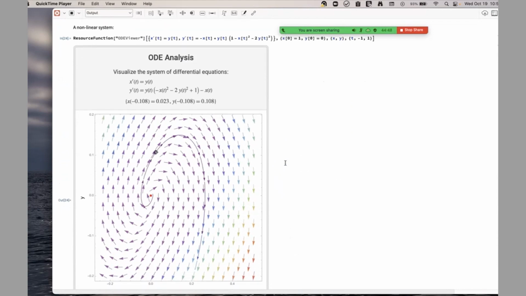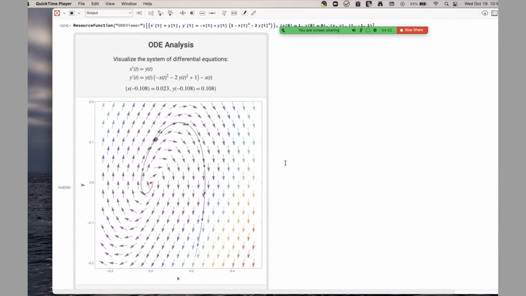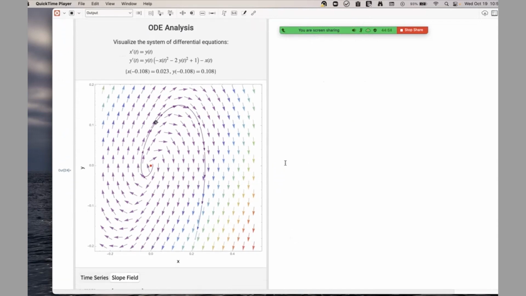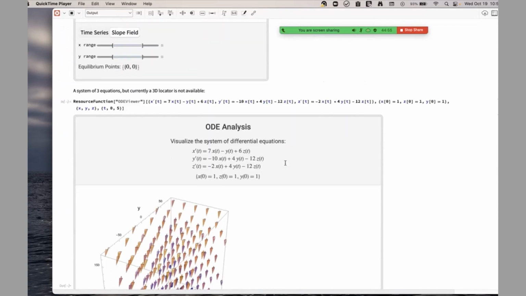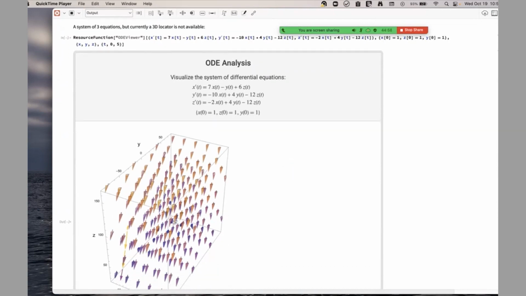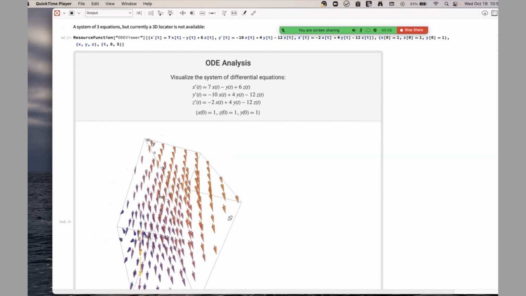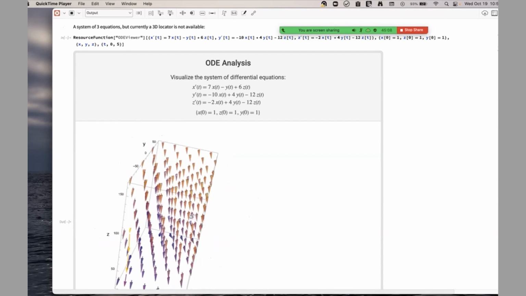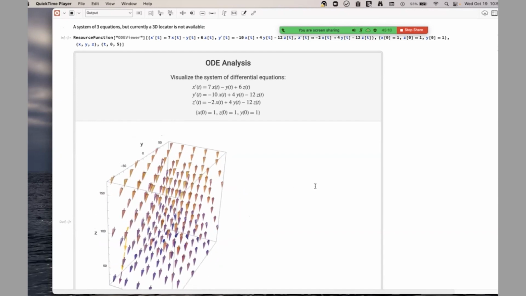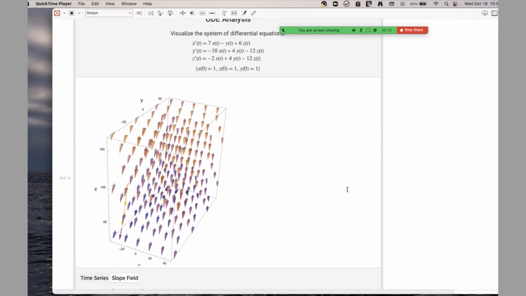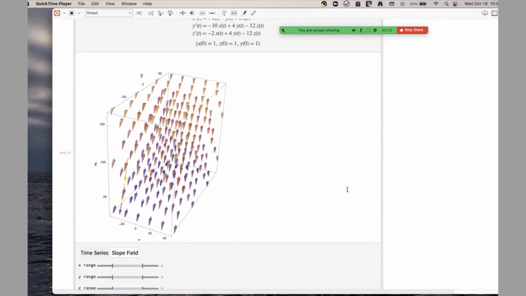And here is a nonlinear system, also supported by ODEViewer. And this is a system of 3 differential equations. The graphics can be rotated, and the interactivity is as usual for 3D graphics.